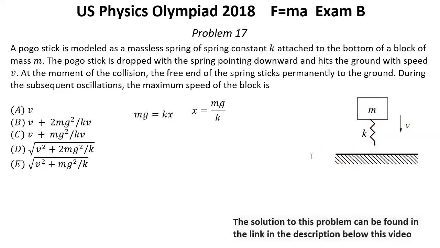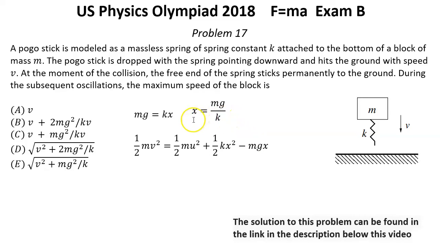It means that the total energy of this system is just the kinetic energy of the pogo stick, and that's equal 1/2 mv square, and that must be equal to the kinetic energy of this pogo stick at the point of x compression, which is 1/2 mu square, plus the potential energy of the compressed spring, which is 1/2 kx square, and minus the potential energy for the force of gravity, which is mgx.